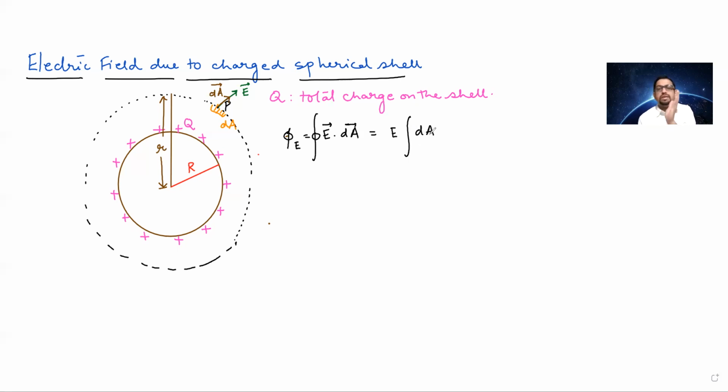So E dot dA is E dA cos 0. So E is constant, it comes out, and integral of dA will be the total surface area of the Gaussian surface we have chosen. This is the Gaussian surface, the dotted sphere, because its purpose is to enclose the given charge. So electric flux is equal to E times 4 pi r squared, the total surface area of the sphere.